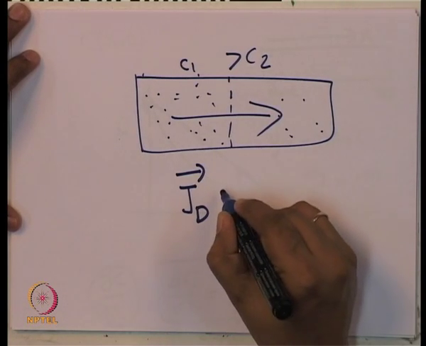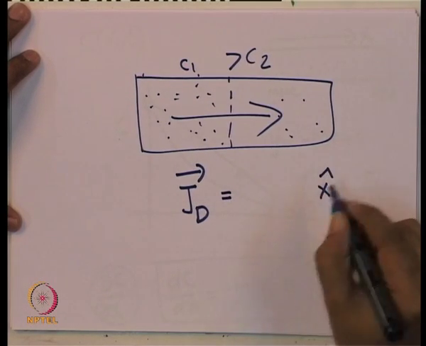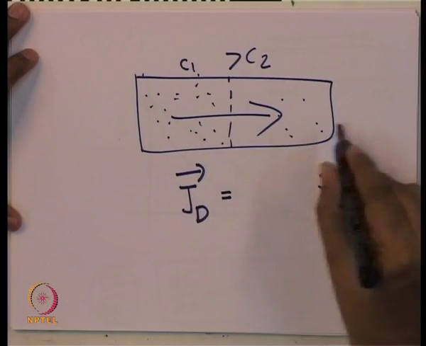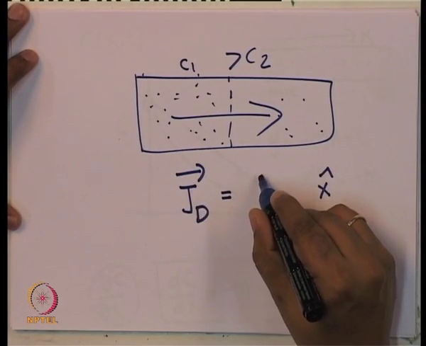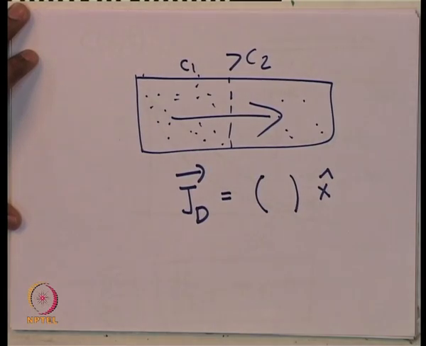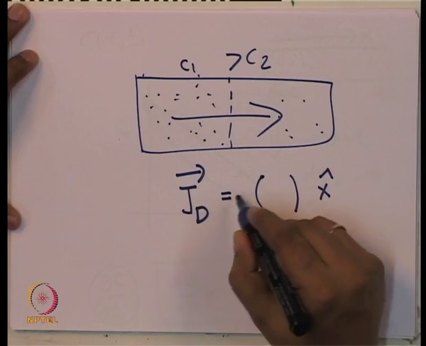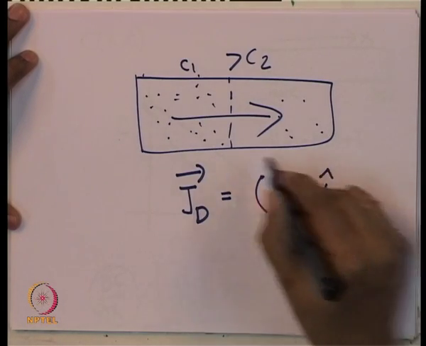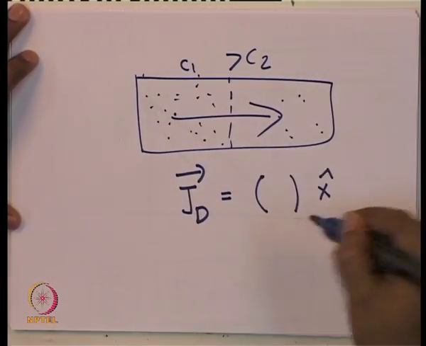So, we know that the direction has to be along the x direction. There is some magnitude and some direction, and we do not know what the magnitude is, but we know the direction, it has to be along this, because here it is more concentration, here it is less concentration.